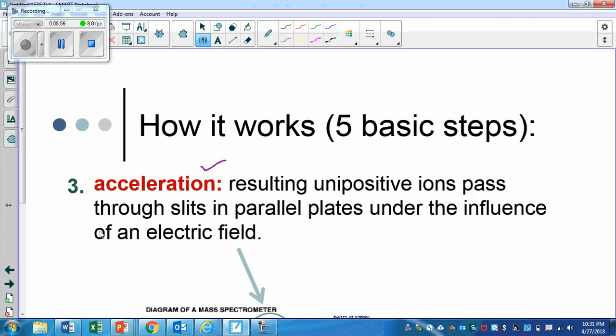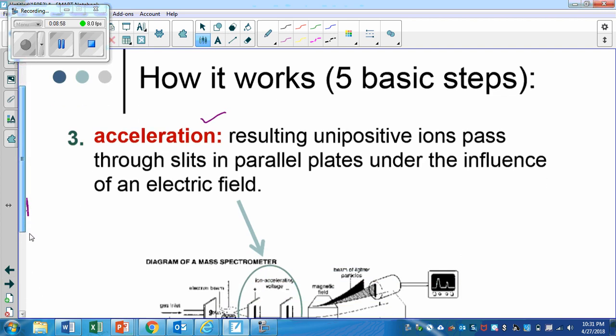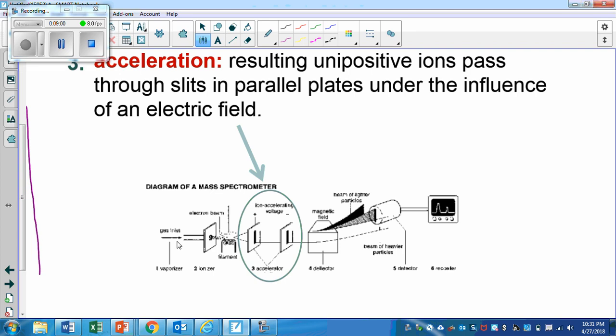Then we accelerate it. So it's vaporized, it's ionized, and it's accelerated. Okay, so we had a pause here. I hope I can catch up where I left off. I was talking about the process of ionization and detection. As I said, it gets vaporized, then we ionize it.